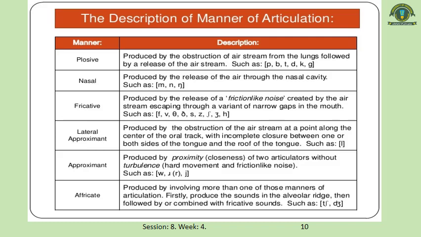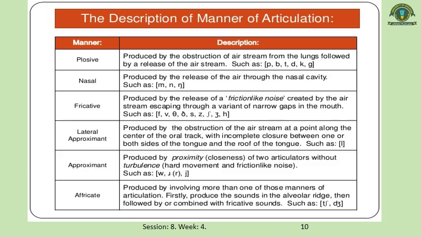So the description of manner of articulation, this is what we've been talking about with the help of this slide. How many manners are there? 6 manners are there. And the manners are plosive, nasal, fricative, lateral, approximant, and affricate. What sounds fall under the plosive manner?